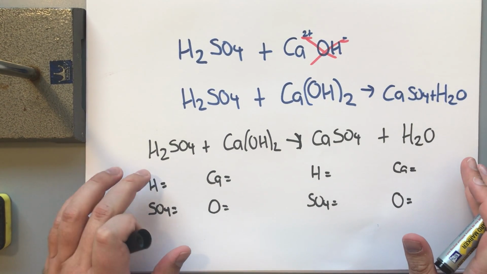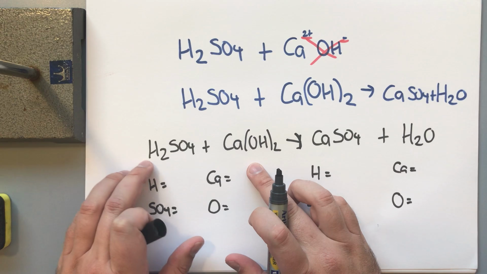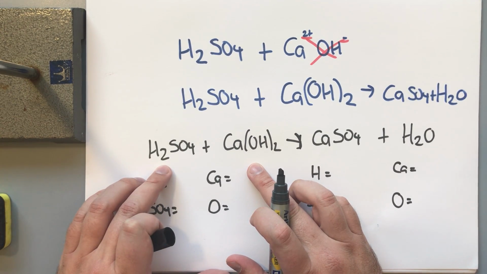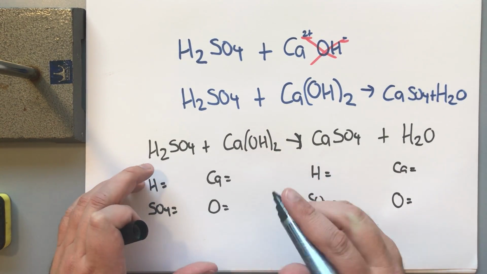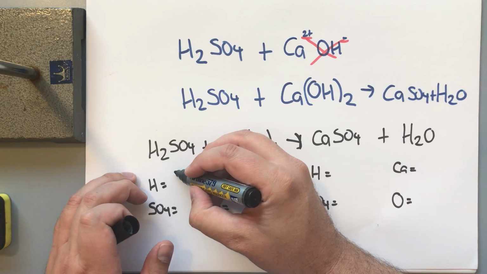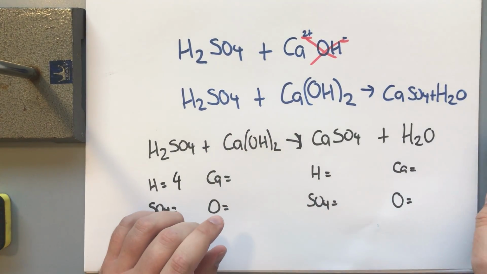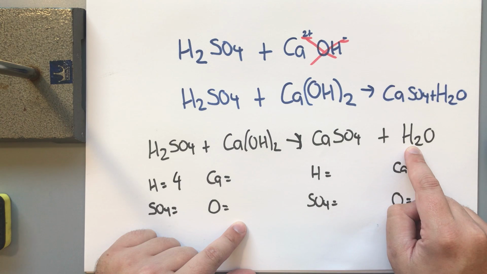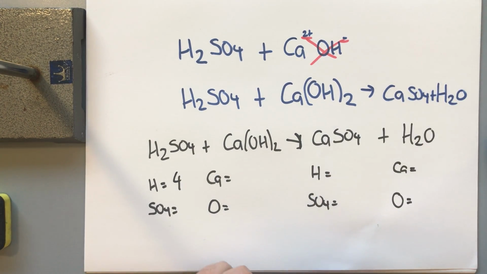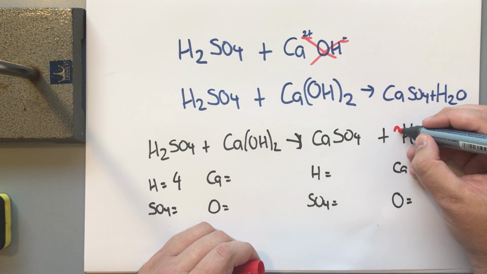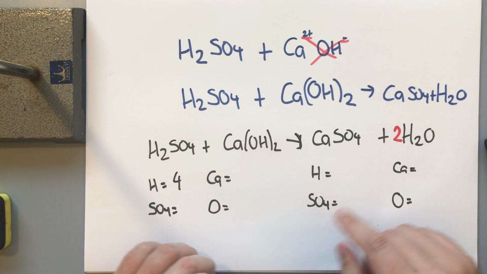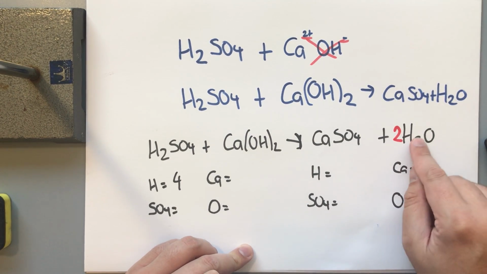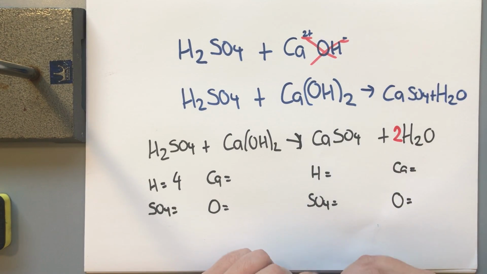So let's start with our hydrogens here. So we have 2 hydrogens here, and we've got 2 hydrogens here, which gives us 4 in total. Now on this side, we only have 2 hydrogens. So let's put a 2 in front of here which will bring this up to 4. 2 lots of 2 hydrogens gives us 4 on this side.